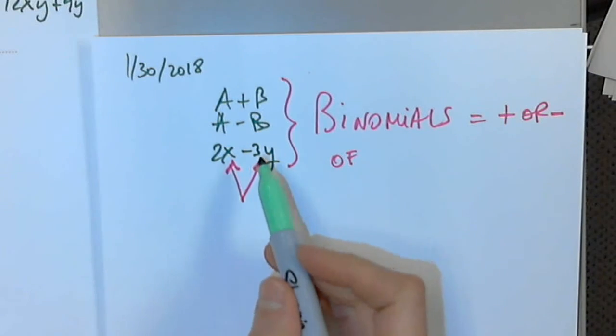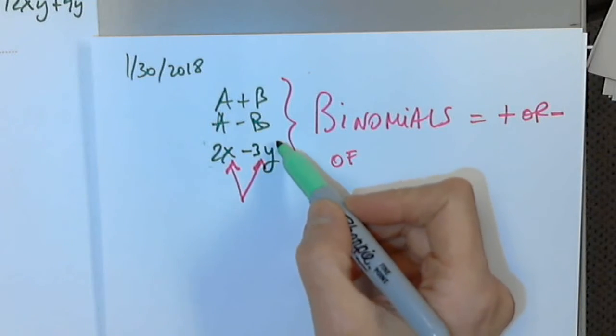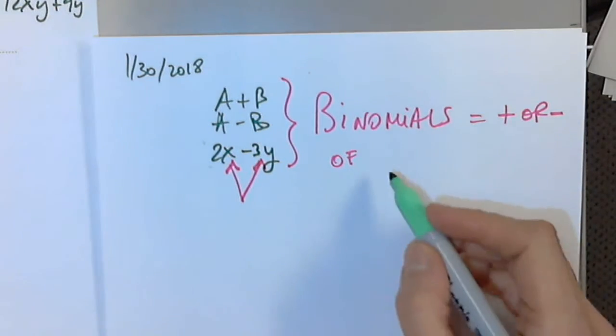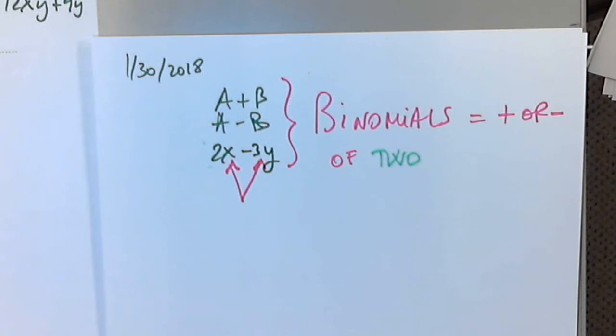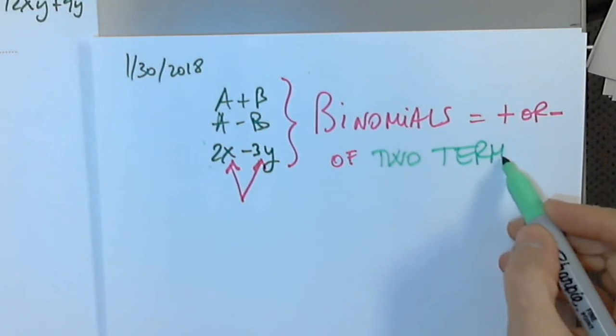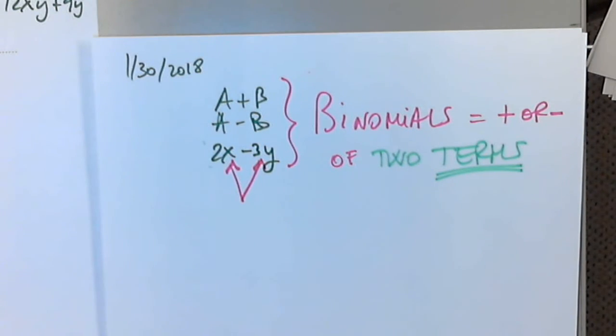So binomials are addition or subtraction of two terms. When we add quantities, they are called terms. If we add 2, it's a binomial. We are adding or subtracting 2 terms, a binomial.